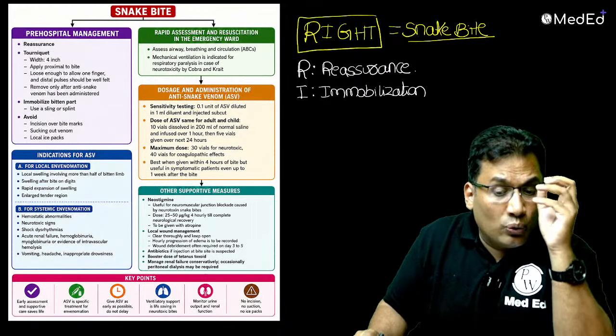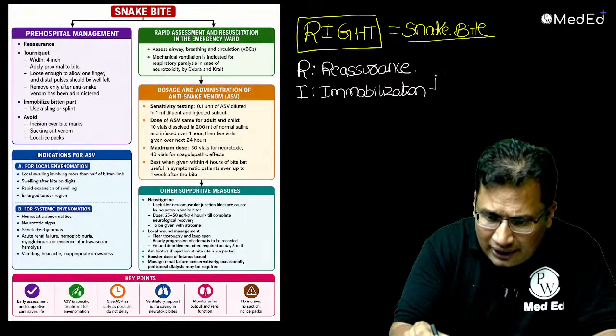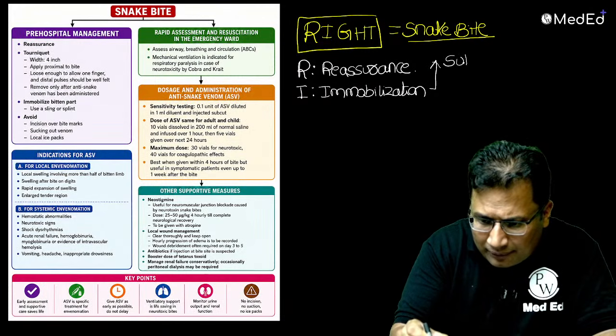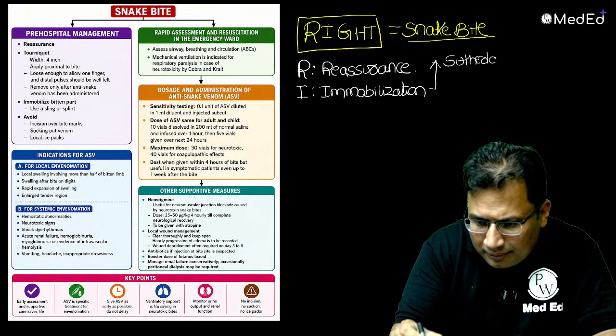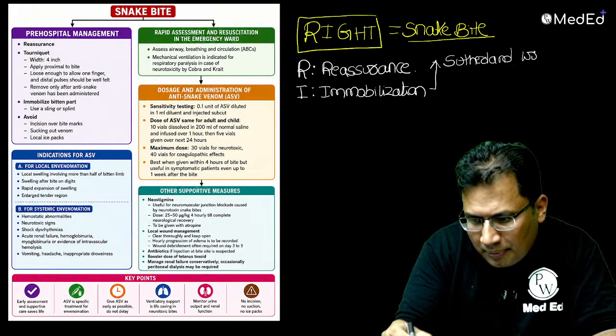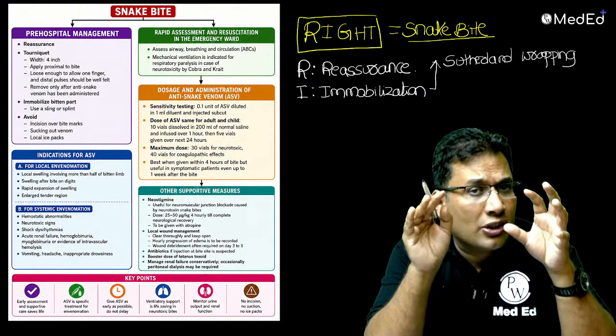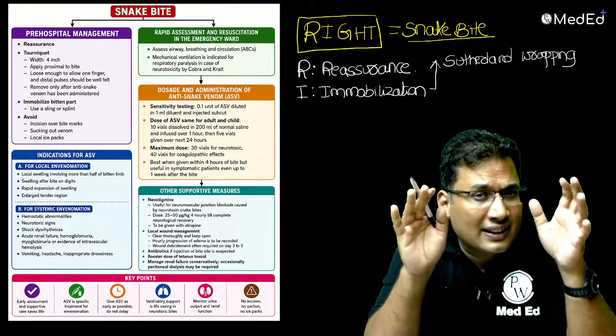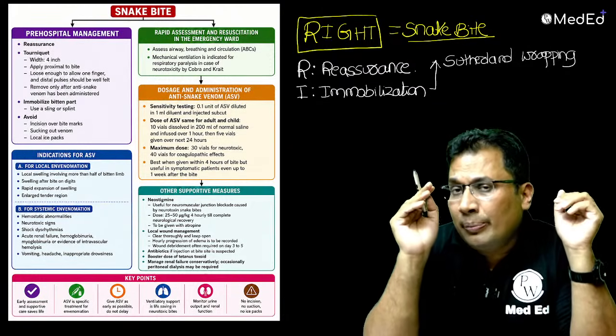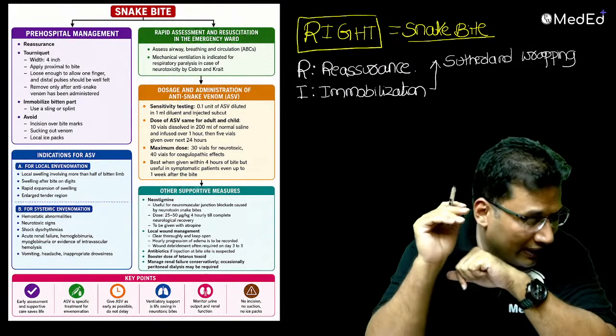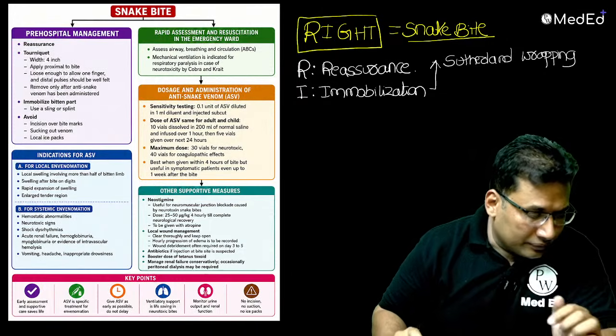So immobilization should be done, especially Sutherland wrapping. And the pressure should be less than diastolic blood pressure. It must be less than 50 to 60 millimeter of mercury.